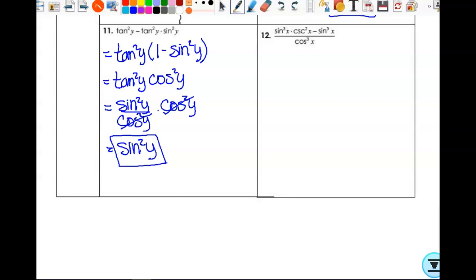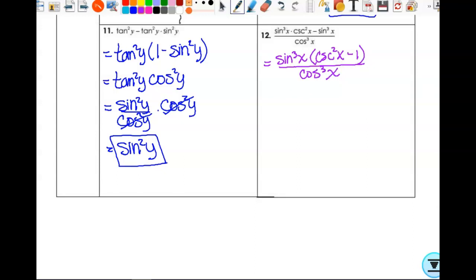What's going on in the numerator? What can I do? Factor out the GCF. What's my GCF? Sine cubed. So this is sine cubed x times cosecant squared x minus 1 over cosine cubed x.